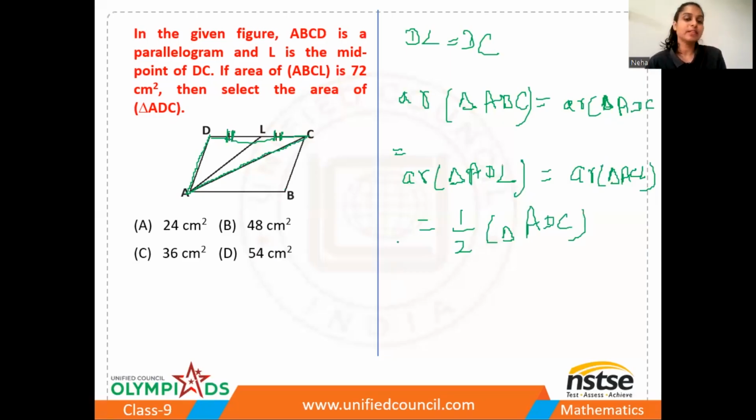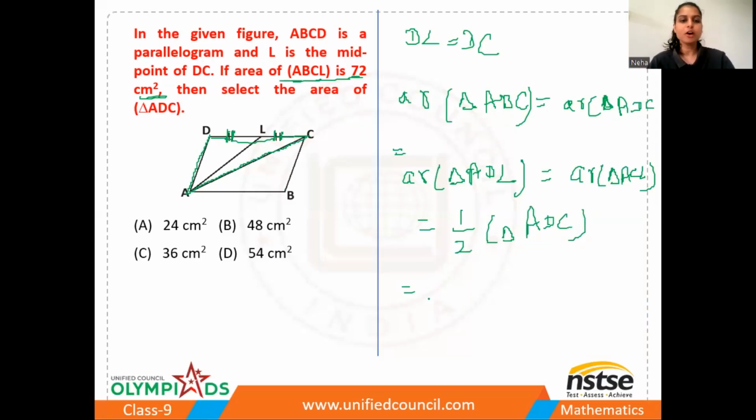And one more thing is given in the question, that the area of ABCL is 72 centimeters square, right? That means the area of quadrilateral ABCL is equal to 3 by 4 of the area of parallelogram ABCD, right? It is 3 by 4, right?